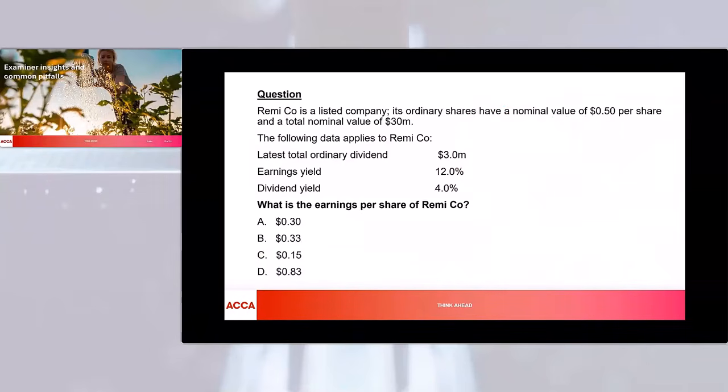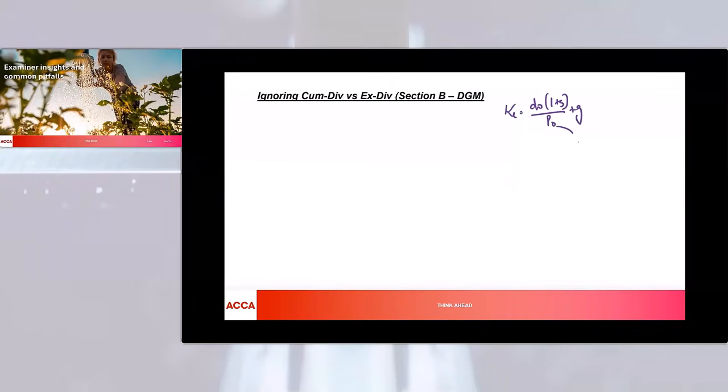Now, with regard to dividend, another very commonly seen mistake, especially in the topic of the dividend growth model, where we are finding out KE is equal to D0 into (1 plus g) divided by P0, plus g. This P0 is supposed to be without dividend, or technically speaking, what is it called? Ex dividend. In case the share price is cum dividend, what should we do?